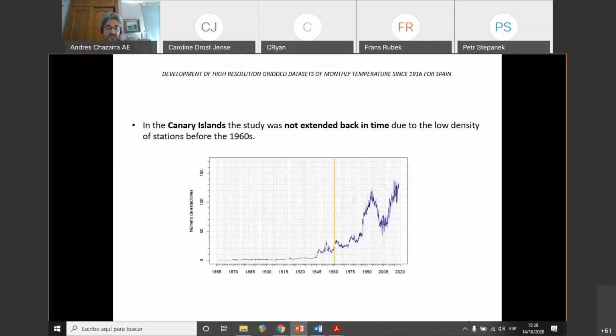So there are very different climates in the north and in the south of the islands. So we need a really dense network to obtain good quality grids. Maybe in the near future we could try to interpolate data since maybe 1946, but not for the moment.